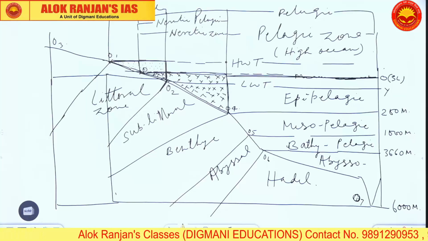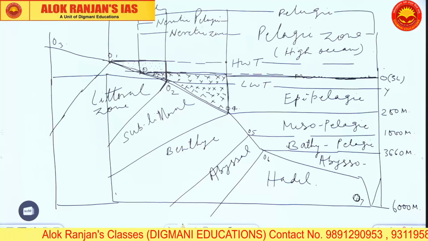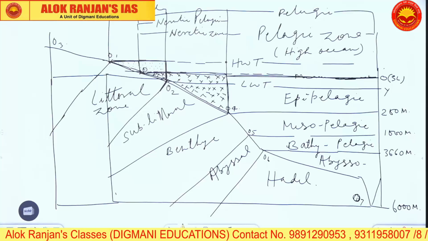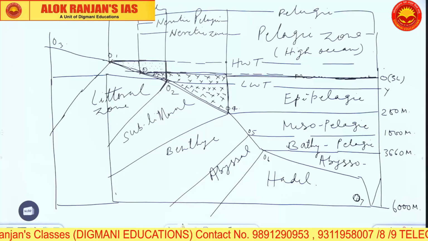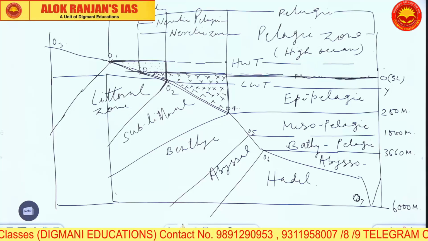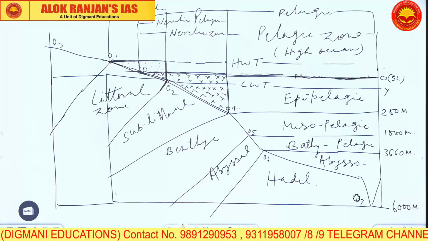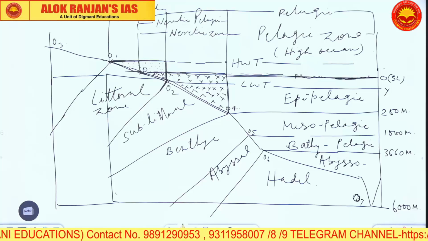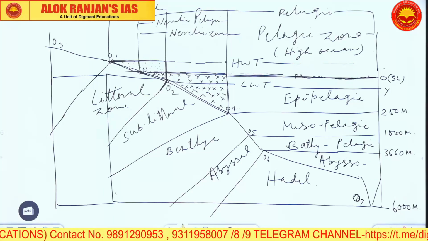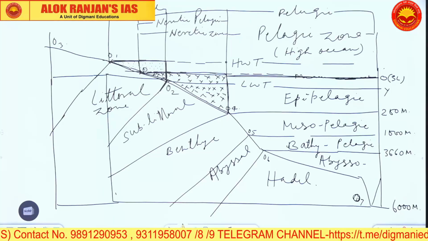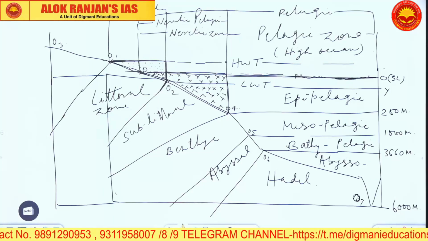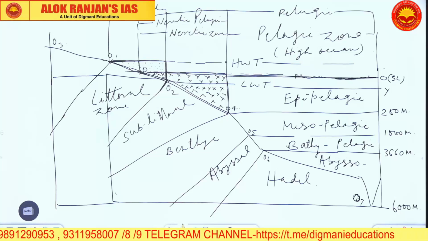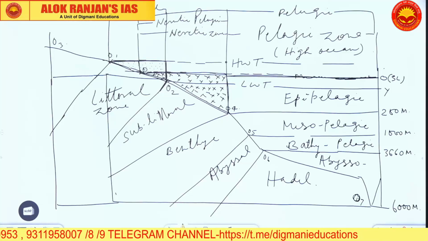Then neritic zone is also characterized by the oxygenation of water. The waves which are traveling from 1,000 miles, they pick up atmospheric gases and they mix it with the water in the form of microscopic air bubbles. This process is called oxygenation of the water.